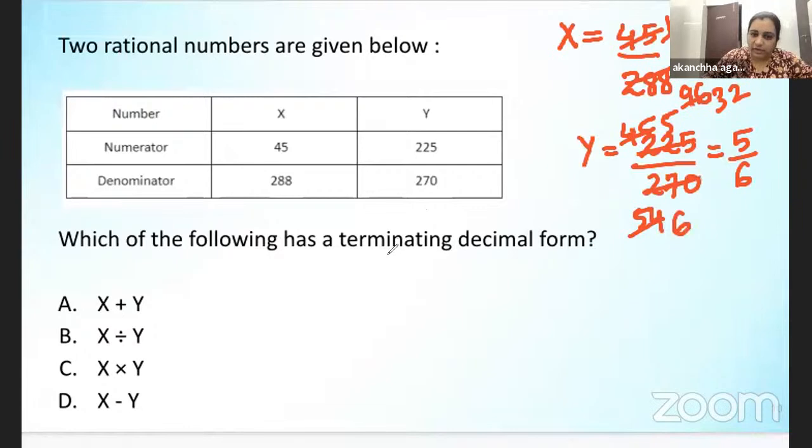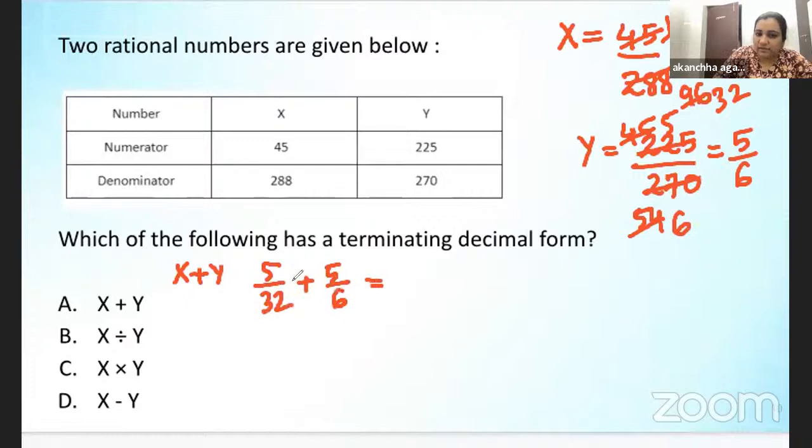Which of the following has a terminating decimal form? So if you do x plus y, the first case, then it means you are adding 5 over 32 and 5 by 6. Do you think that we'll get a terminating decimal form?